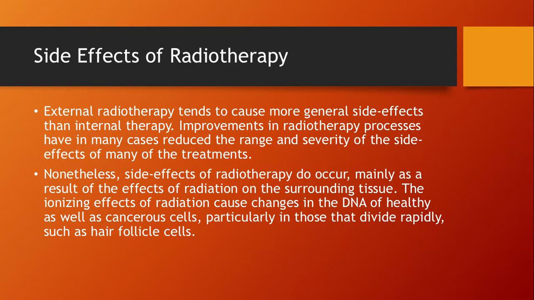The ionizing effects of radiation cause changes in the DNA of healthy as well as cancerous cells, particularly in those that divide rapidly, such as hair follicle cells. So, of course, you probably know one of the main side effects of chemotherapy, for example, is losing your hair, and that is due to the ionizing radiation.